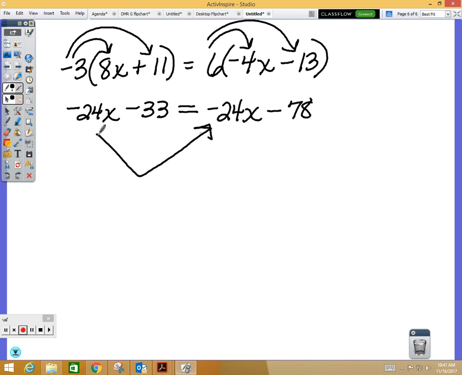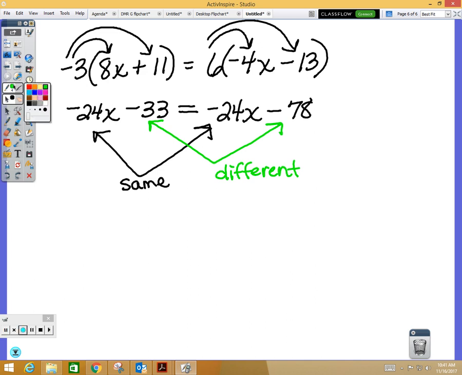So you could say something like, these are the same, yet these are different. So if the constants are different, they're different. Okay, now this matters. I don't want you to see negative 24x over here and a positive 24x over here and say, oh, they're the same. A negative and a positive are not the same. Okay, so keep that in mind.